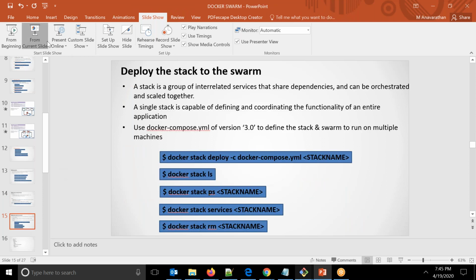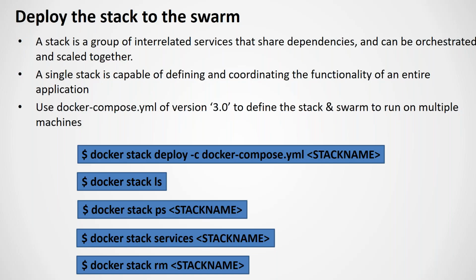Now, another important point. If you go back to Docker Compose, I told you if you have a microservice architecture, then for one image, you can say 2 containers, 4 containers, 5 containers, 6 or whatever.